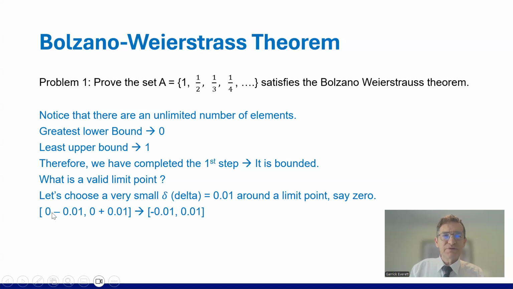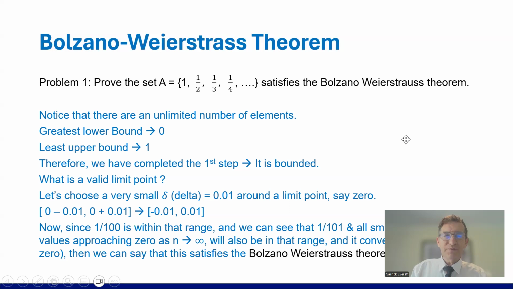So we're going from 0 backwards and 0 forward. So now we've got minus 0.01 and 0.01. Now we know the limit is 0, so it can't actually get here, but we're choosing a small range, our delta, around that limit point. Now, obviously in our head, we know it can't go here, but we know it can go here and it can go to 0.